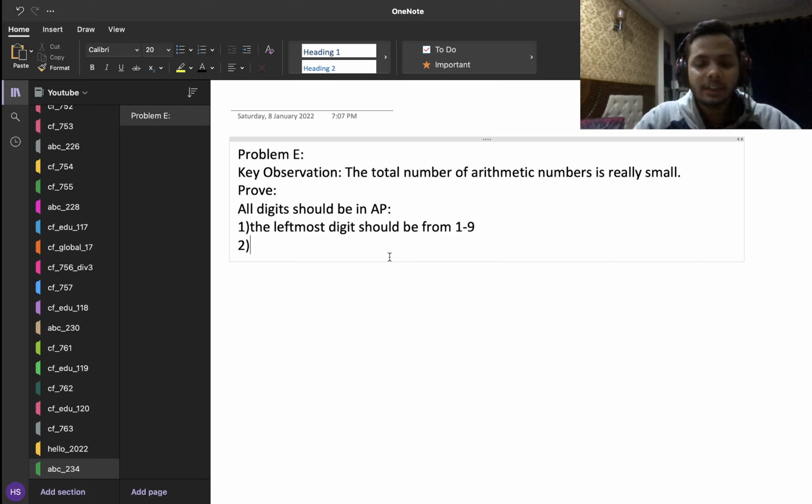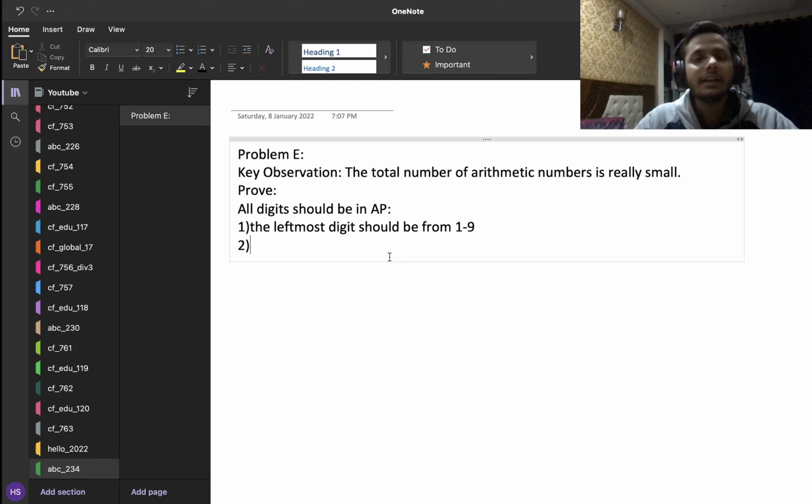Now the second condition is that any AP has a common difference, right? A common difference means that every two contiguous elements in the AP differ by the same value d. That's just the definition.